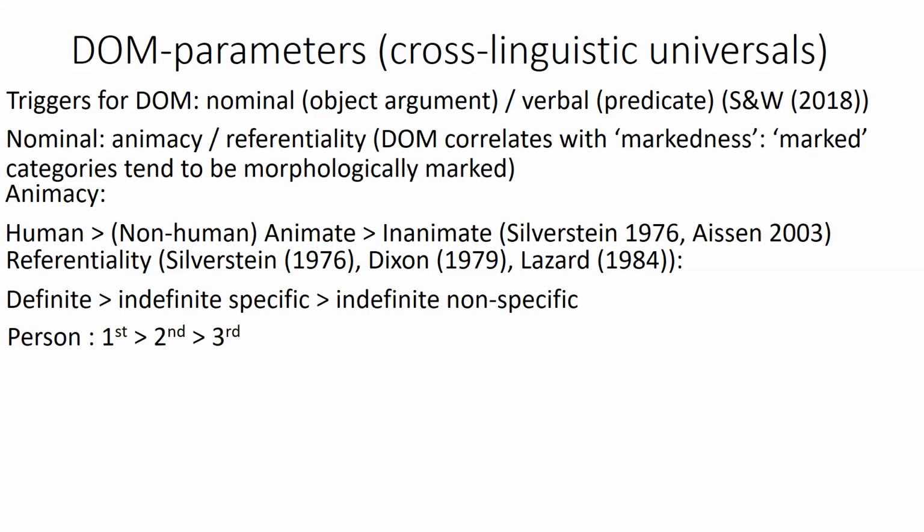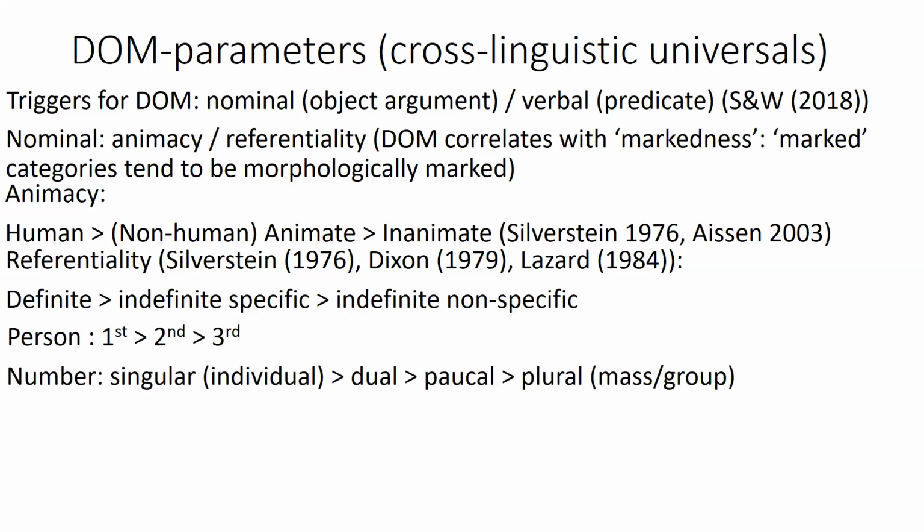There are also grammatical distinctions of person and number. For example, person: first person, second person, third person. Number: singular, individual, dual, plural, and mass and group. Here, the higher up in the scale, the more likely it is to be marked. First persons tend to be more likely marked than second person, which is more likely marked than third person.